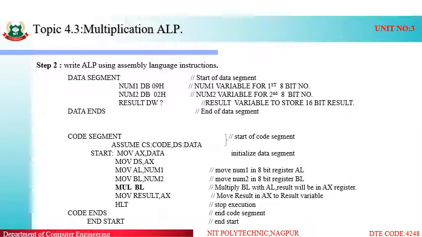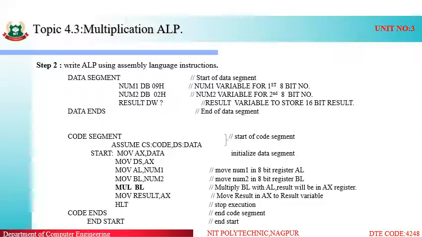That means MUL BL. What happens with MUL BL? BL will be by default multiplied with AL and the result will be stored in the AL register. So the multiplication is performed, result is now in AL.